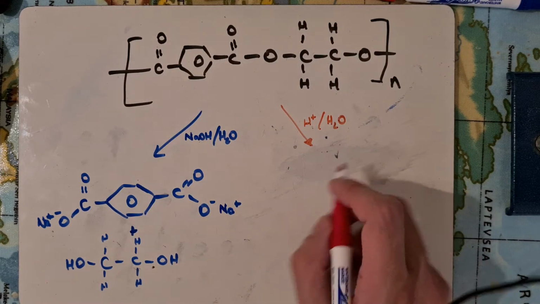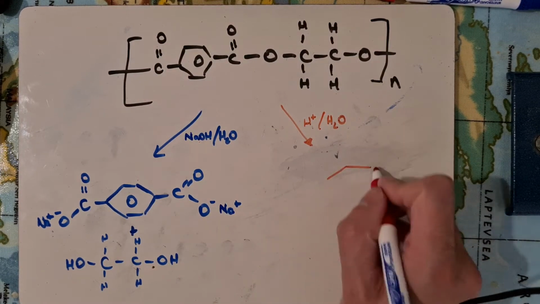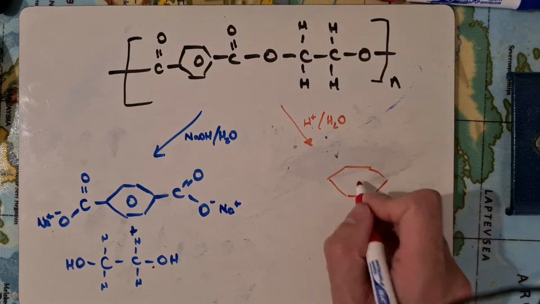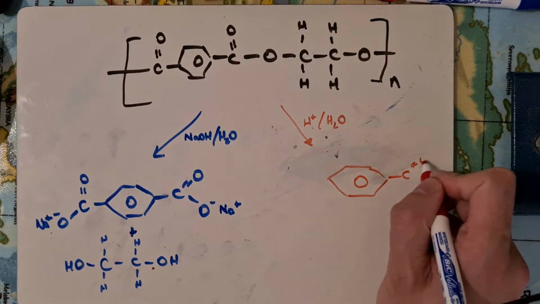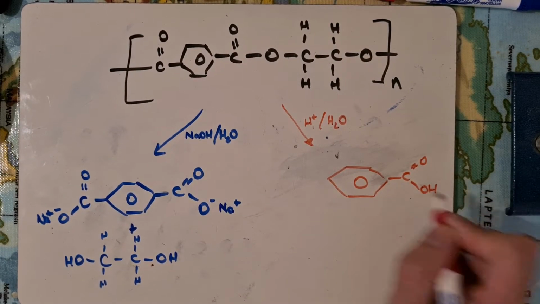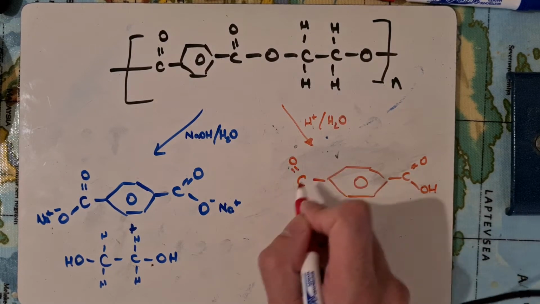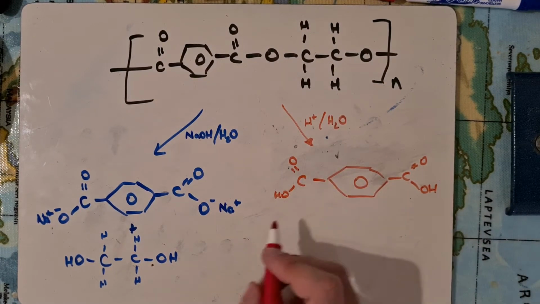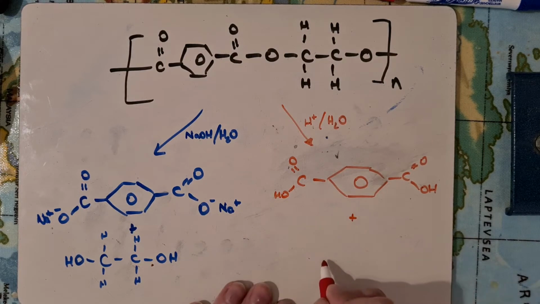And what happens here is we'll get the carboxylic acid. It's in acidic conditions, so it will become the carboxylic acid, and the diol.